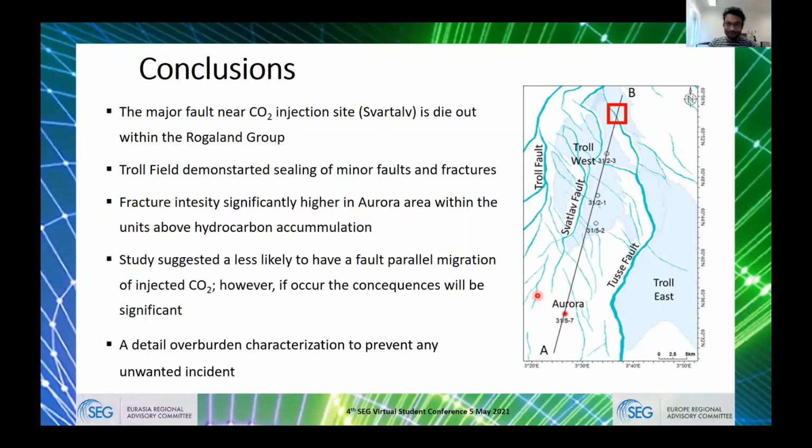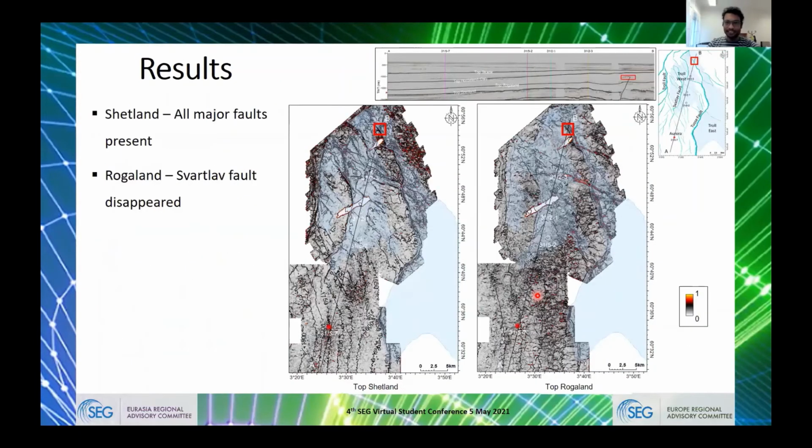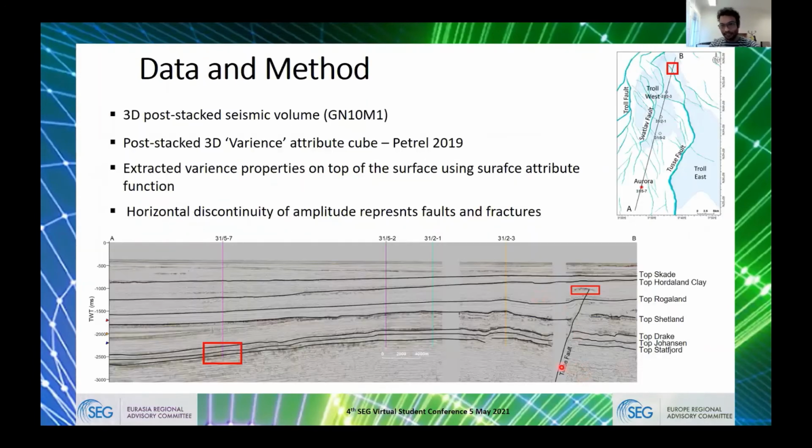So for example, this hydrocarbon fault parallel flow, or what we used to call a gas chimney, is from the Troll field. The Troll reservoir is located somewhere here. This motivates us to do an analysis of what if something similar happens, because we have the Esvarta fault also located here.